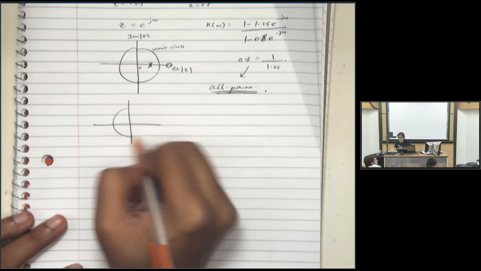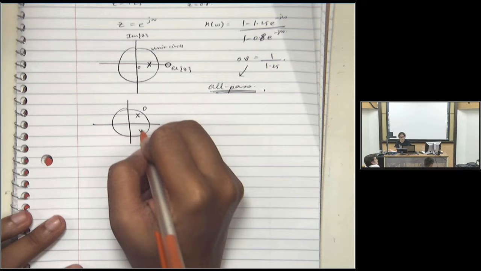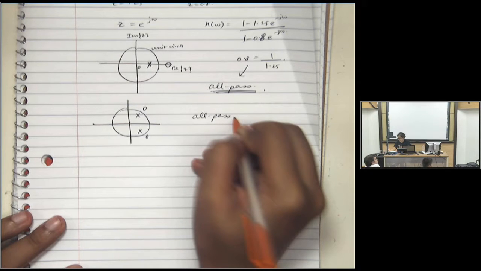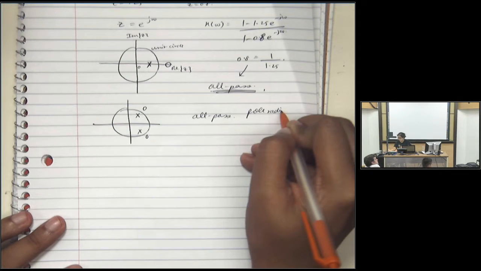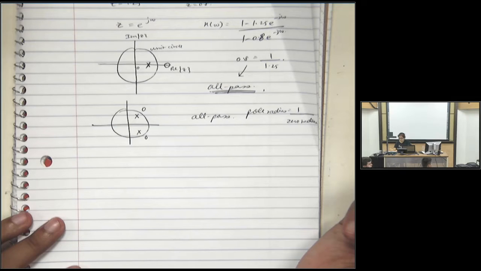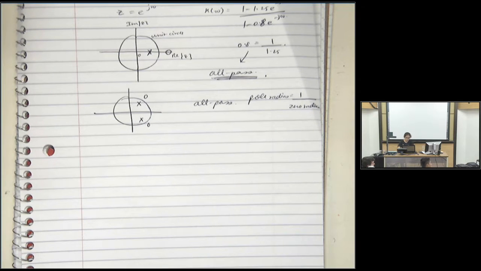If I have complex conjugates in this same case, and I have it like this, correct? Even in this case, it will be allpass, if my pole radius is equal to 1 over the zero radius. So I can have the case of complex conjugates. All right? Any questions on this?